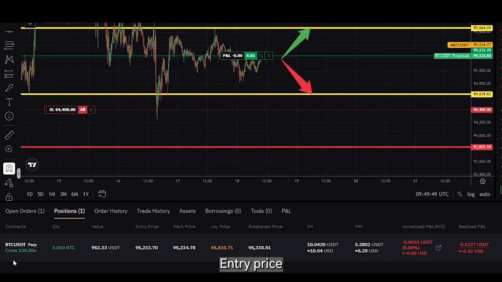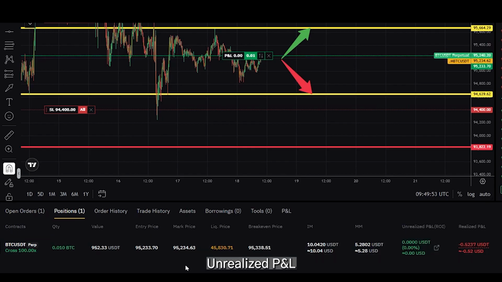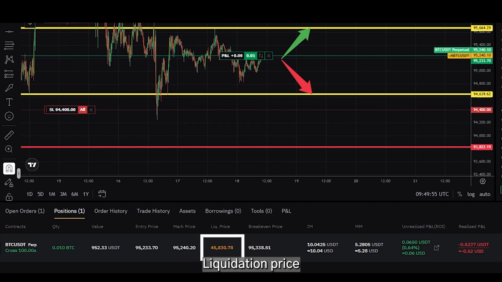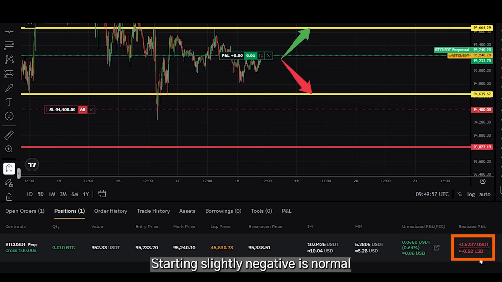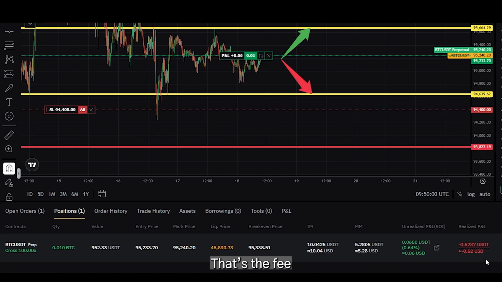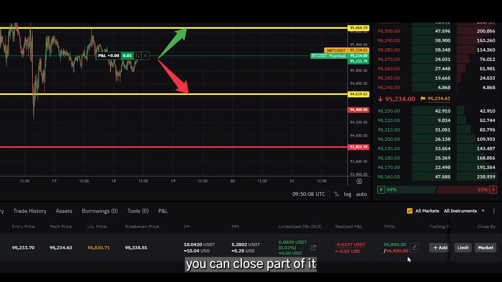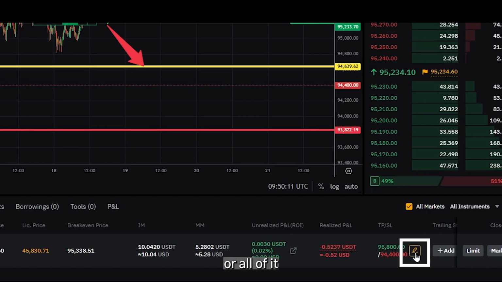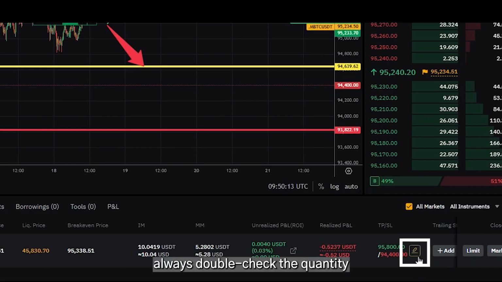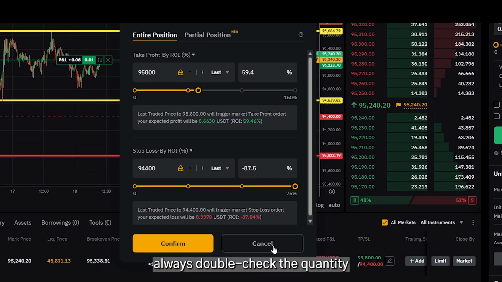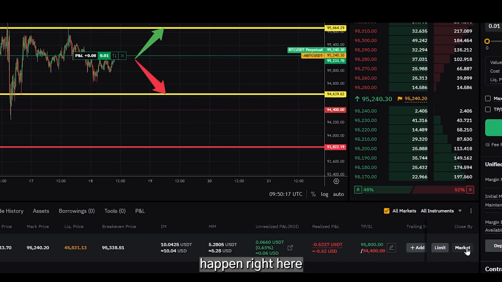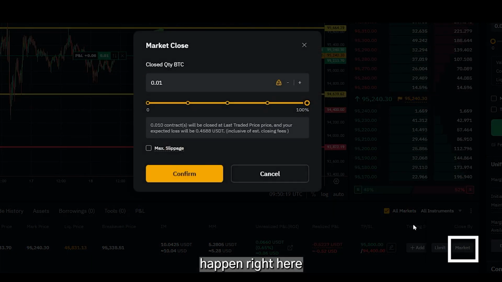Entry price, current price, unrealized P&L, liquidation price. Starting slightly negative is normal. That's the fee. And remember, I already showed you how to reduce that. When closing a position, you can close part of it or all of it. Before you click confirm, always double-check the quantity. Most mistakes happen right here.